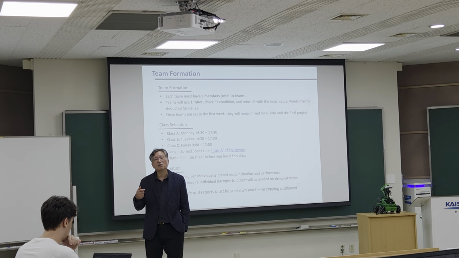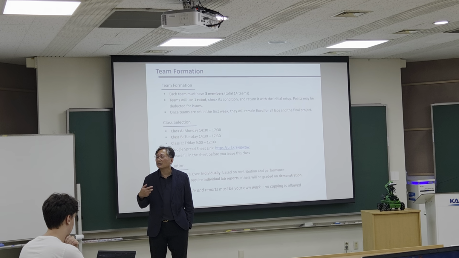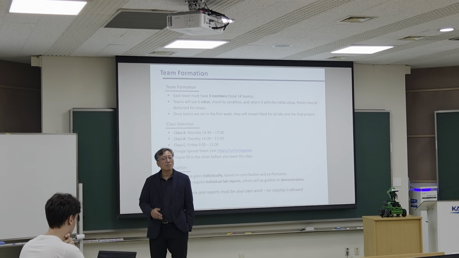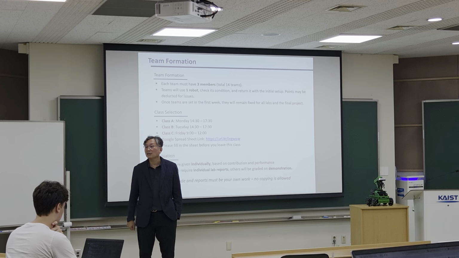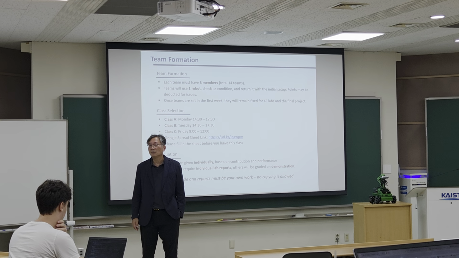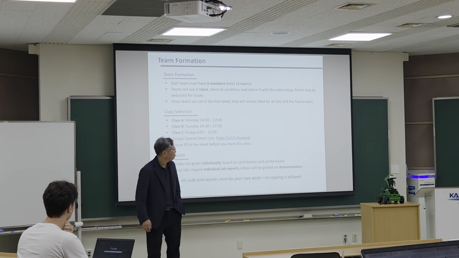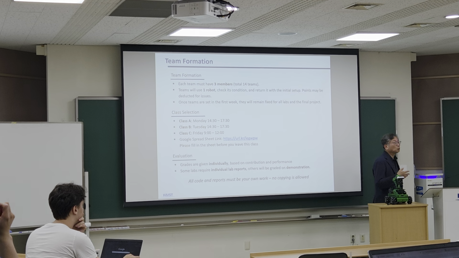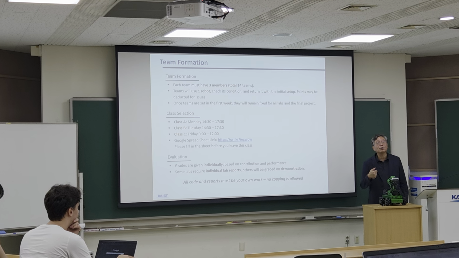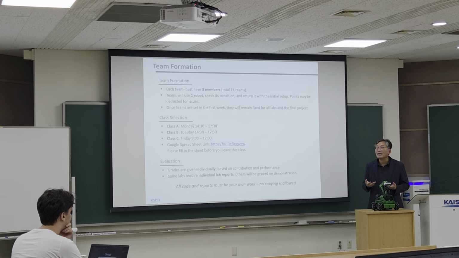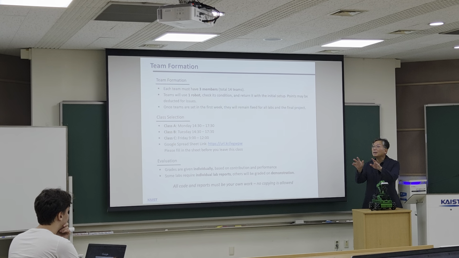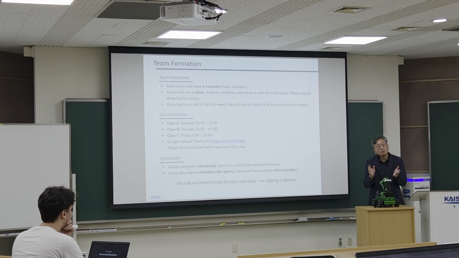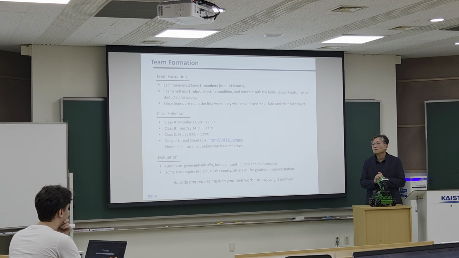If it is found that ChatGPT made your code or a considerable amount of it, then you will be penalized. But you can ask ChatGPT to give you an example of the code. You look at it, you understand it, and if you implement it on your own, maybe in a different way, that's fine.